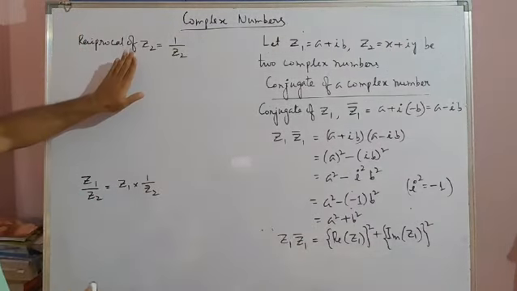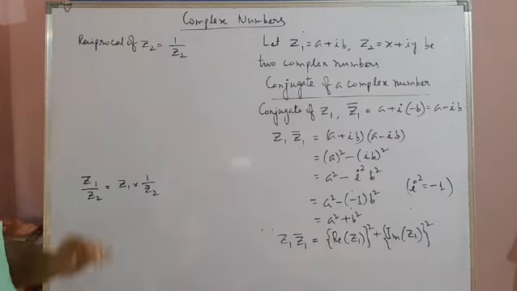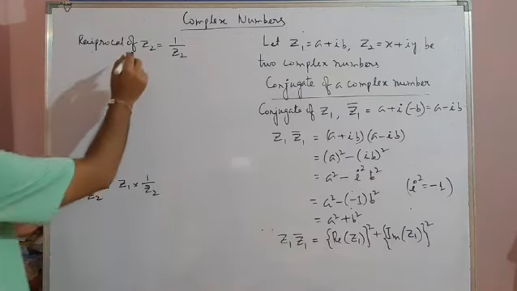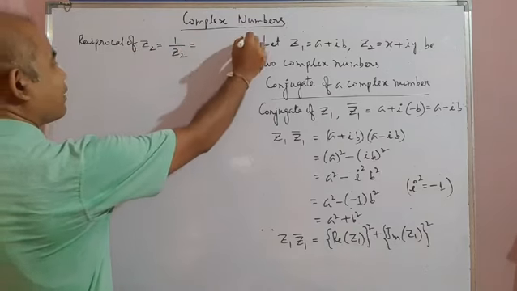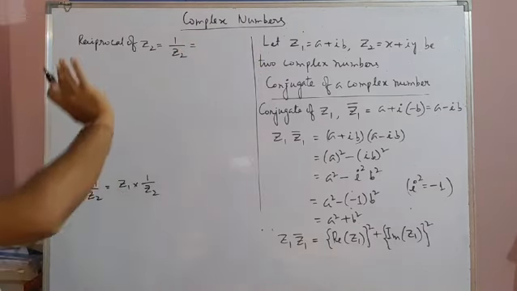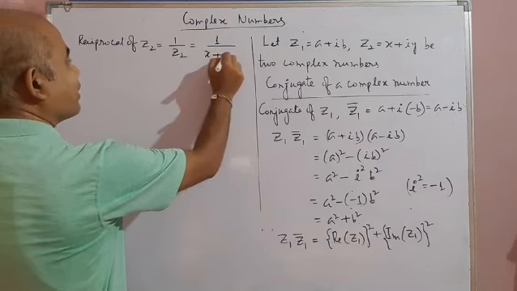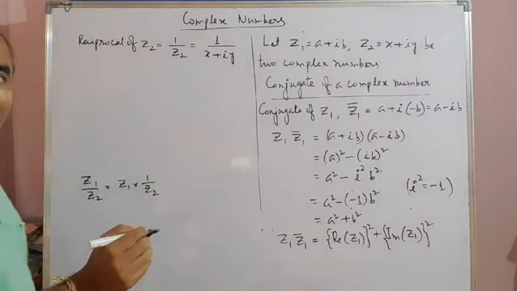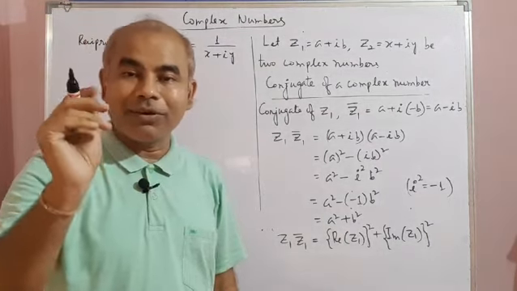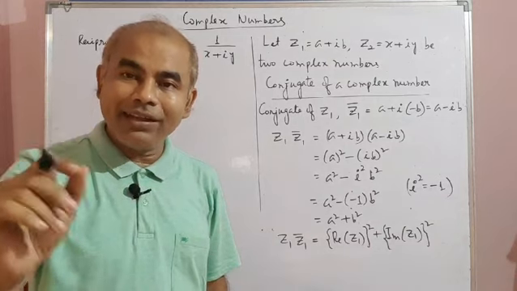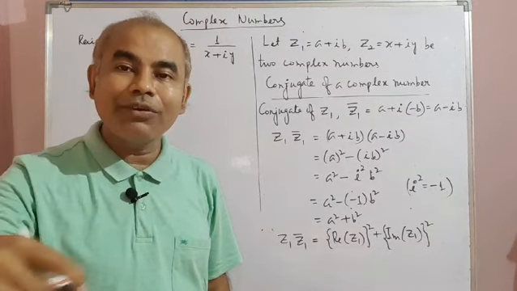Whenever you are going to find the reciprocal of a complex number, say z1, z2, whatever, the reciprocal of z2 is, from common knowledge, 1 by z2, that is 1 by x plus iy. In the irrational numbers chapter, you learned that in standard form we cannot have an irrational number in the denominator, so we rationalize it.